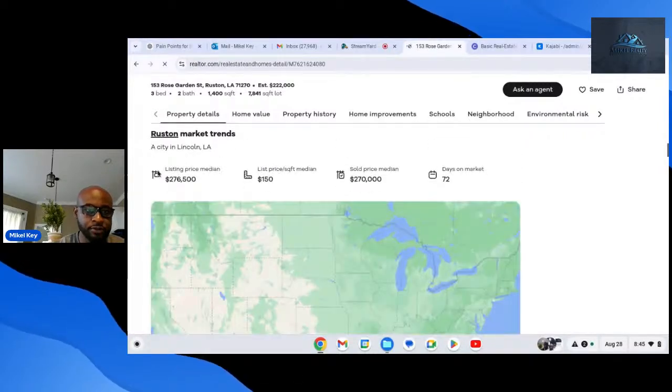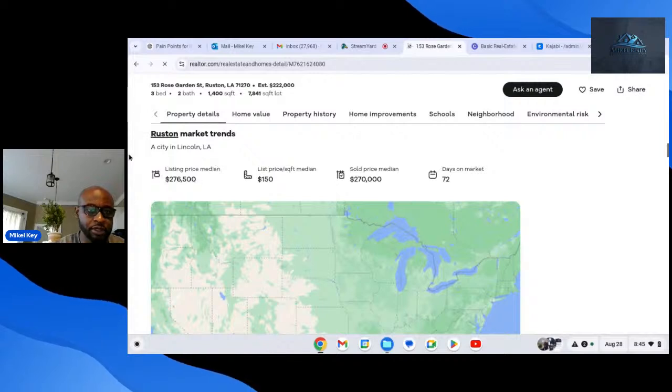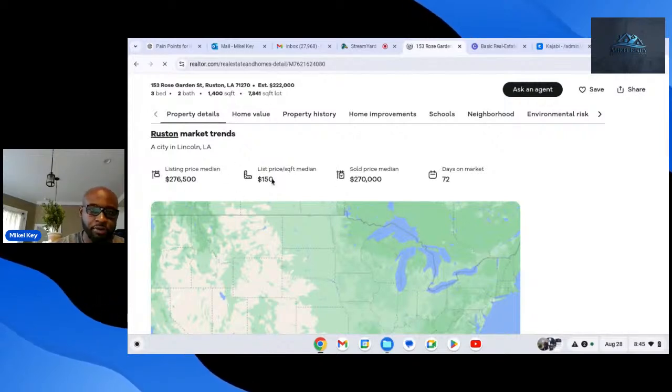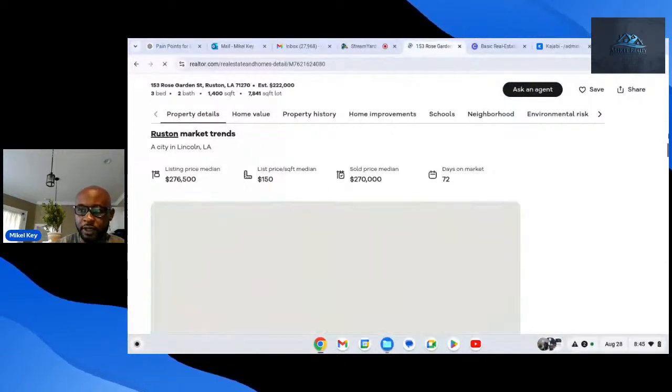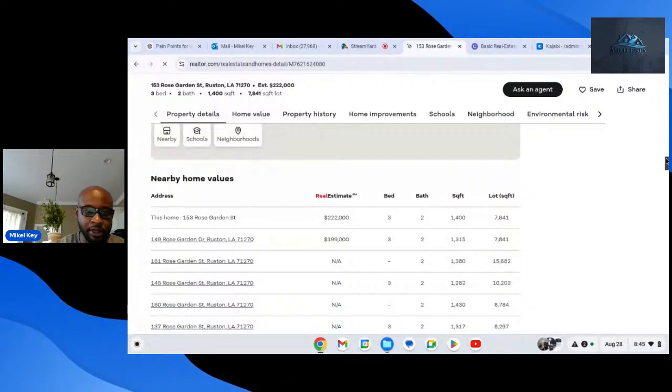In Ruston, if you go all the way down, it gives you the median listing price, $276,000. The median list price per square foot, that's the price per square foot I was talking about, is $150 a foot. So if you play around with the data, it gives you all kinds of data.